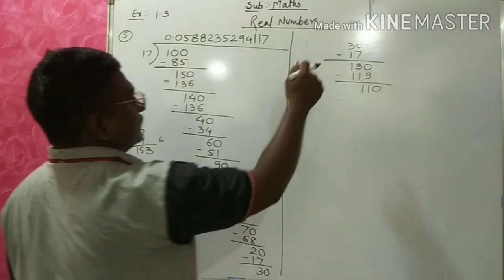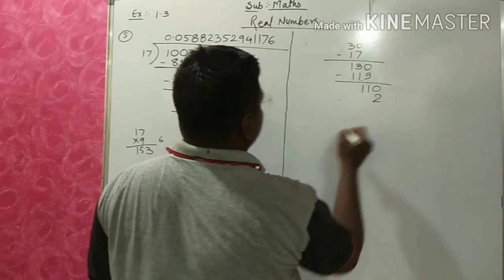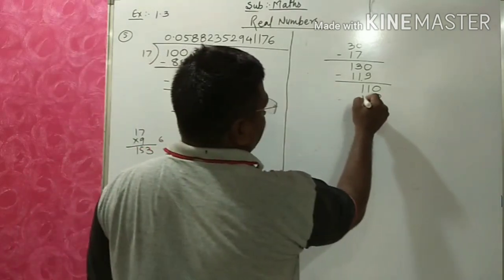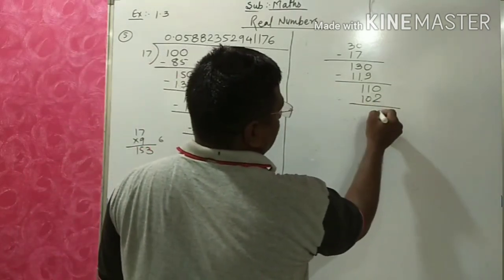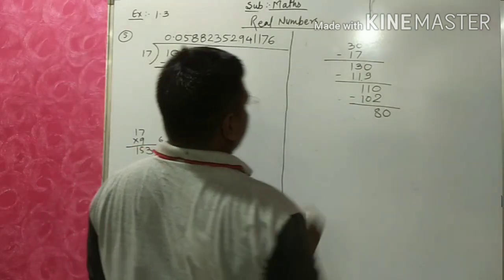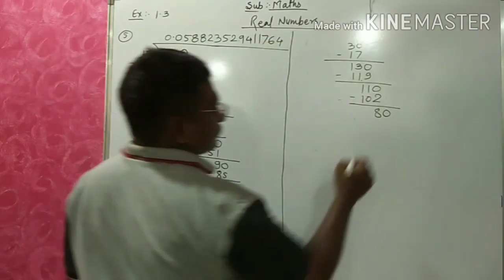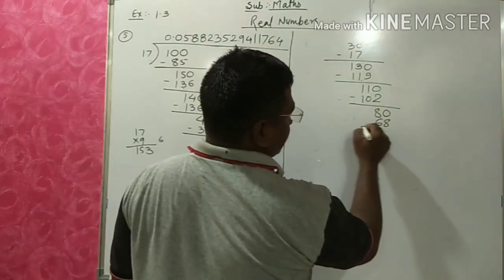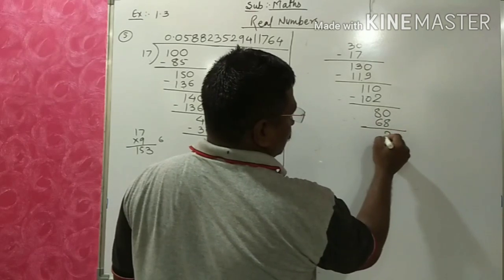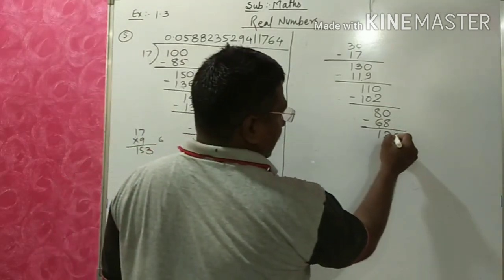So what will we get? 17 6s are 102. 8. Again 0. 17 4s are 68. 2, 1. Again 0.